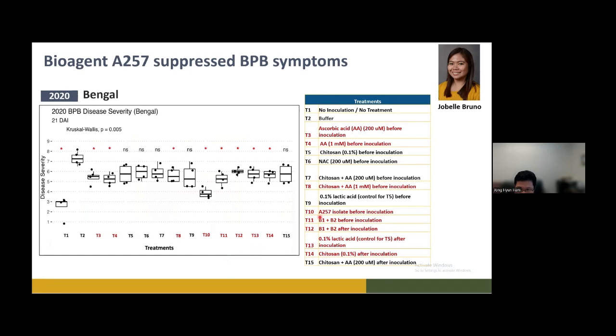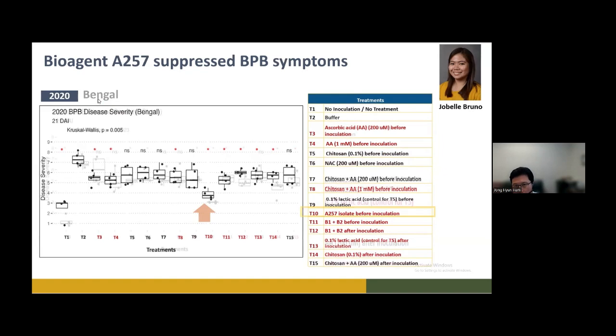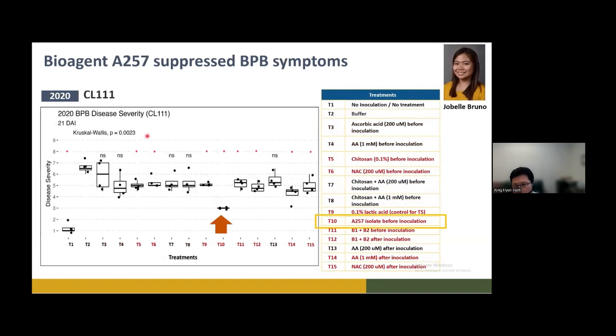Among the materials that we tested, many showed significant disease suppression effect. But out of them, the biological agent A257 showed the best activity in the susceptible cultivar Bengal, and also in another susceptible cultivar, CL111.